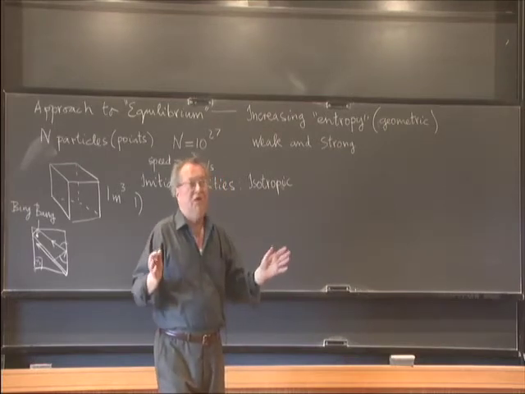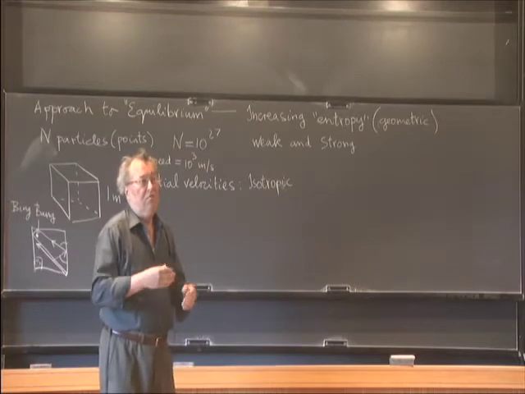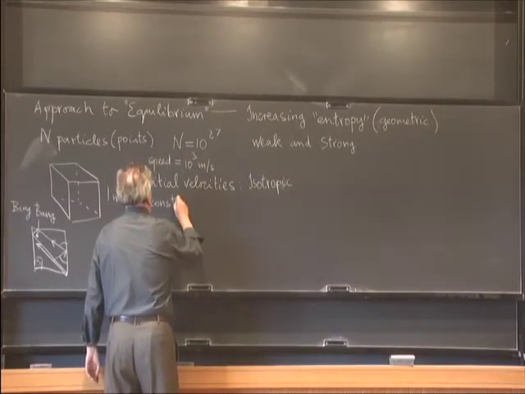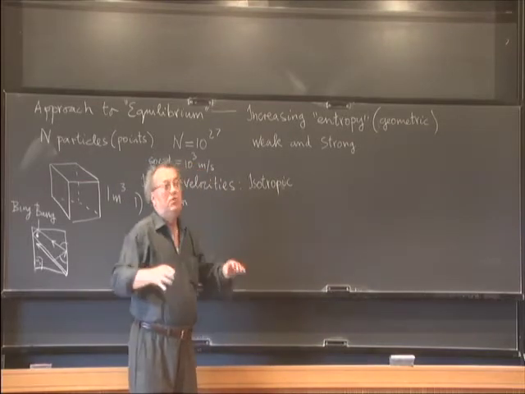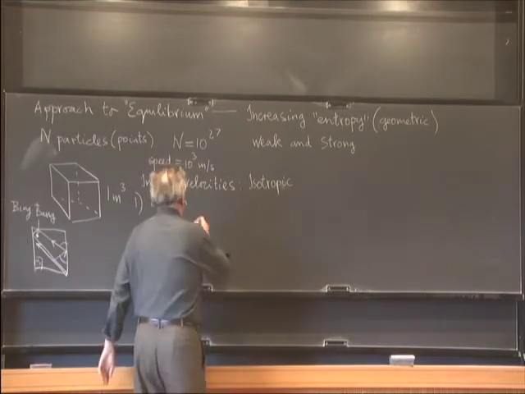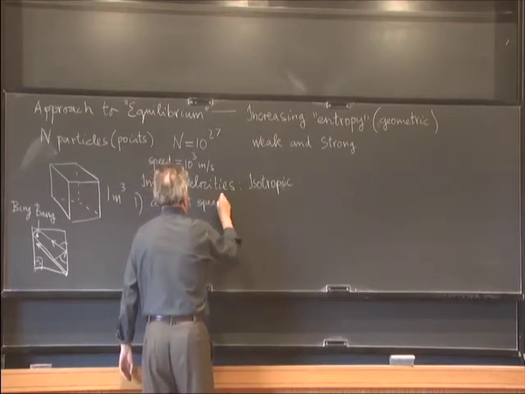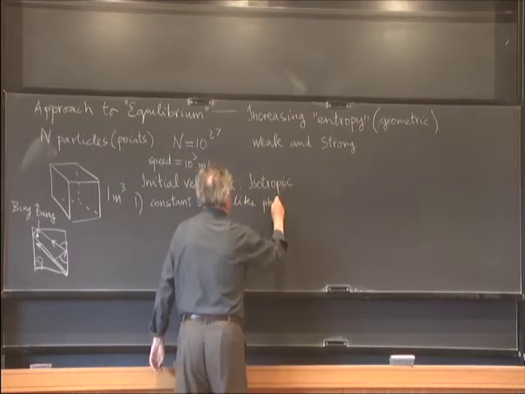So I call it the case of constant speed. The directions are uniform on this unit sphere, but the speed is constant, like photons.